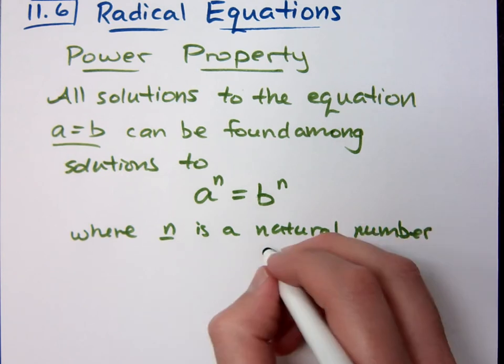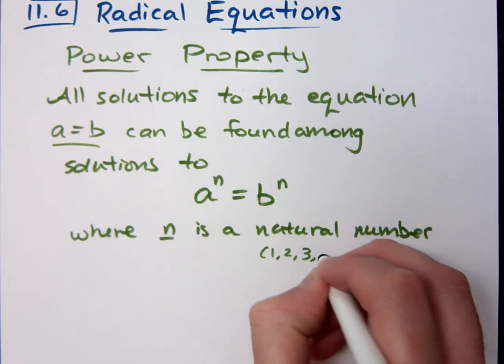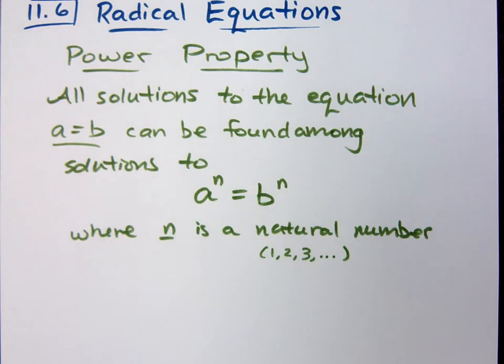When we talk about being a natural number, that means we're talking about the counting numbers, 1, 2, 3, and so on.